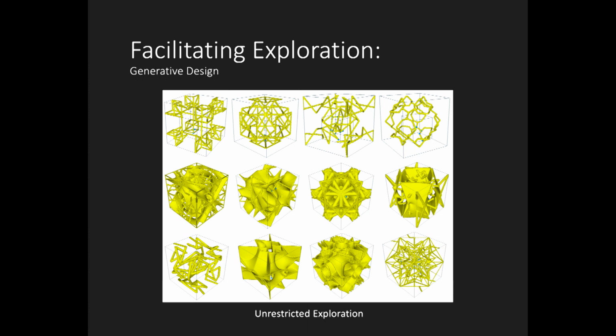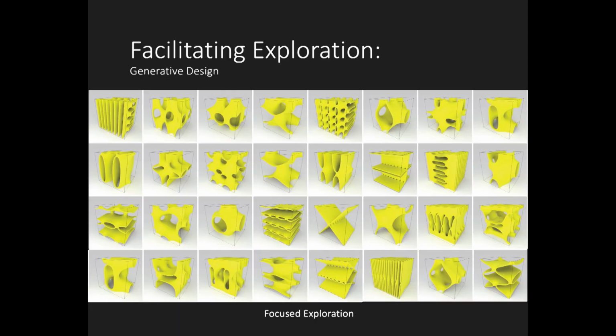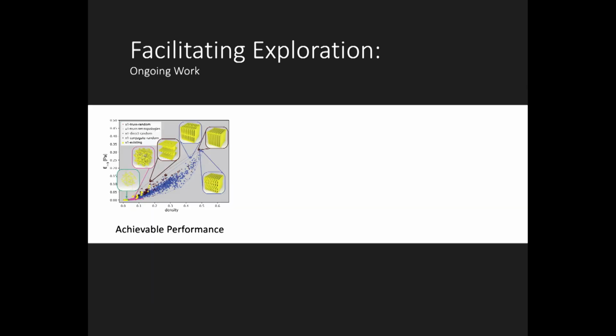But because the representation is designed to be intuitive, it's also really easy to direct it in a certain region in order to get variations like these, which of course are still very diverse, but they share a common design thread as intended. And now that we can explore these shapes, it's much easier to understand not just how a single metamaterial will behave or impact its object, but to start understanding the scope of possibilities and limitations here.